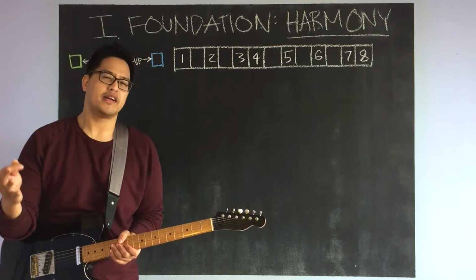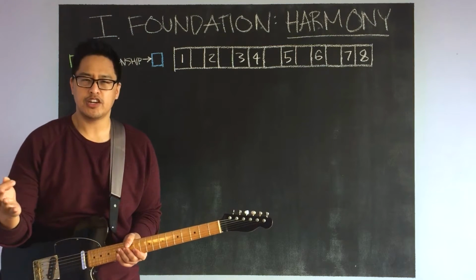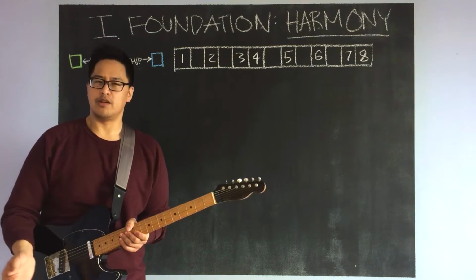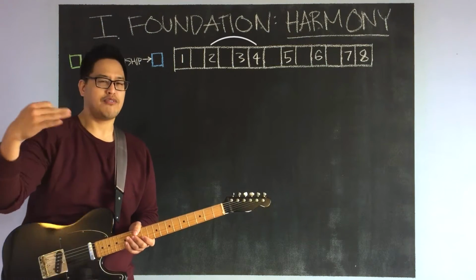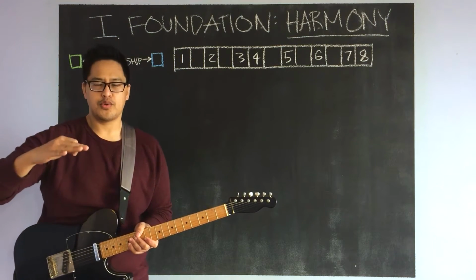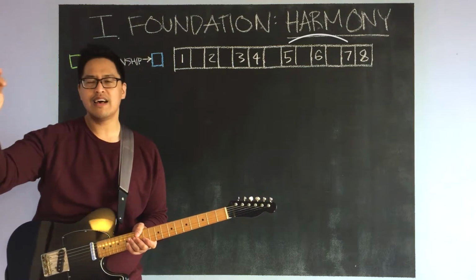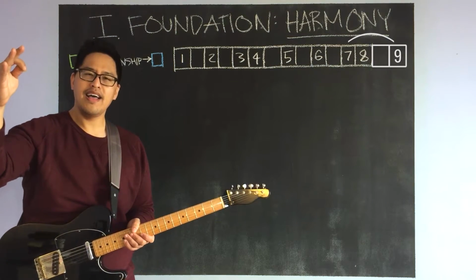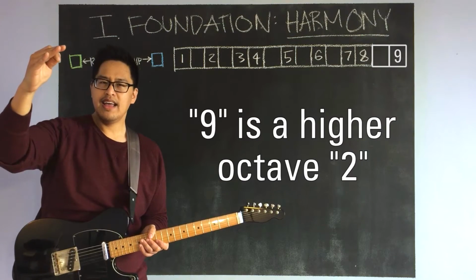But a third is bigger than just 1 and 3. As I just mentioned in my definition, it can be any two notes with 3 scale degrees in between. In the major scale, that means 2 and 4 combine to make a third, and so do 3 and 5, as well as 4 and 6, and 5 and 7, 6 and 8, and lastly 7 and 9, which is just the 2 above the 8.